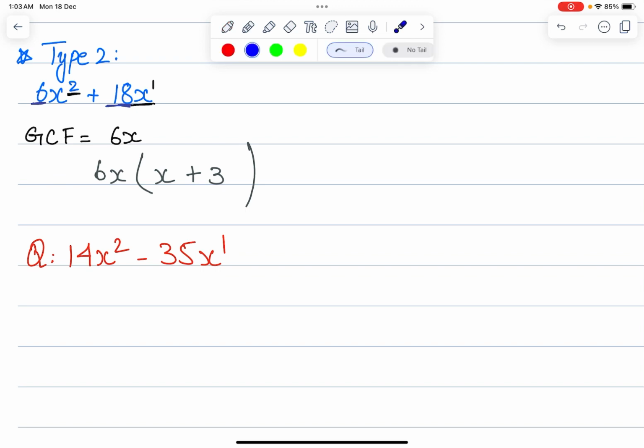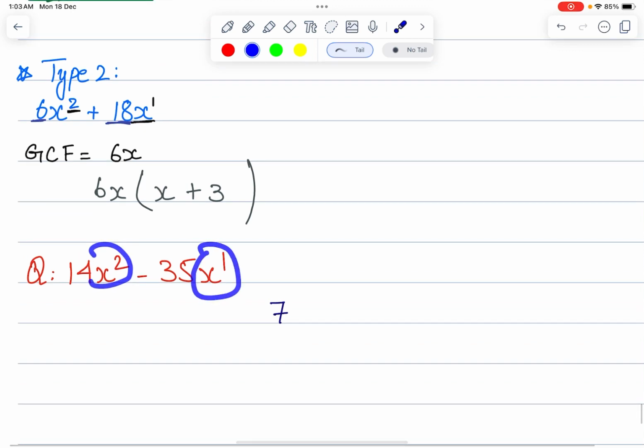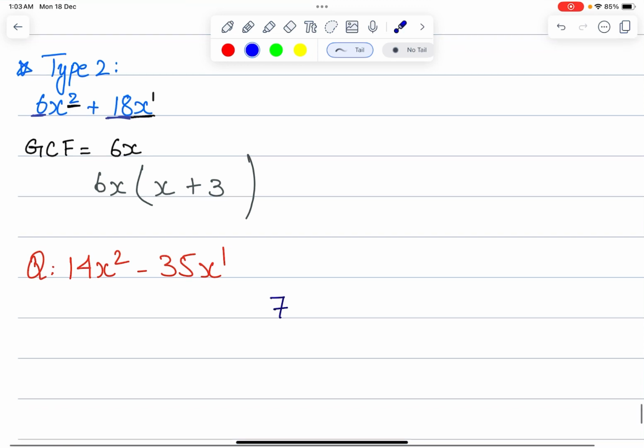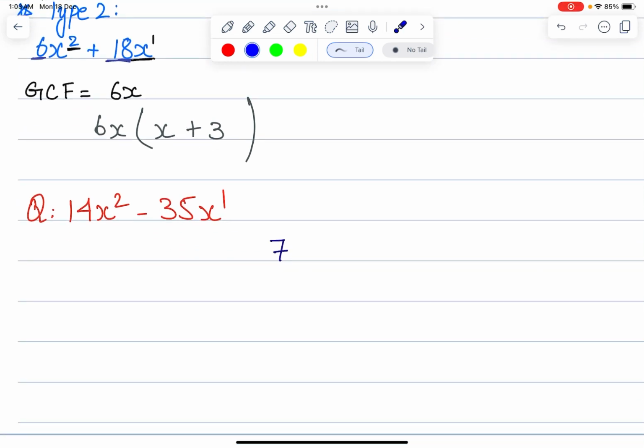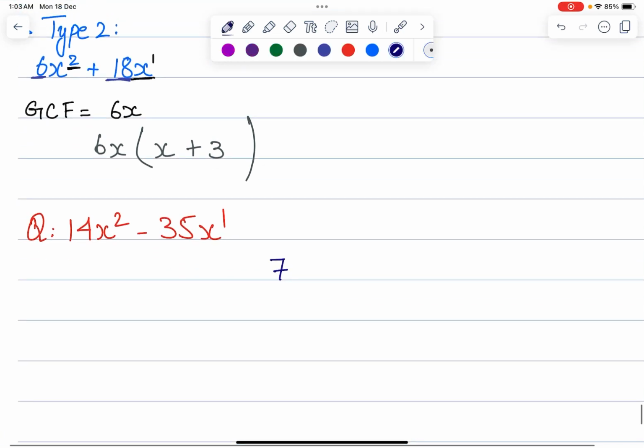The largest number is going to be the 7. So you write 7 over here and you look, it has x to the power 2 and this has x to the power 1, and you realize that yes, both of them at least have 1x common in them. So you write x over here.